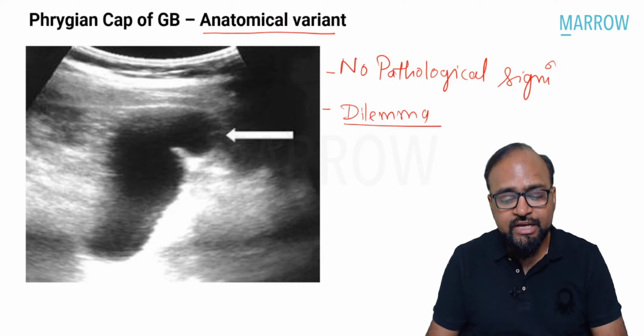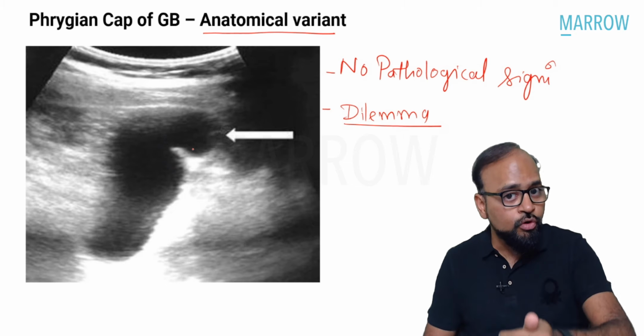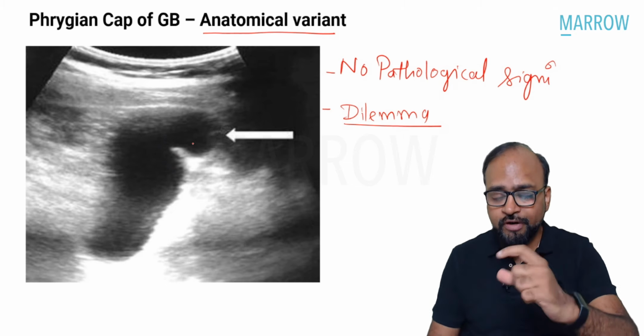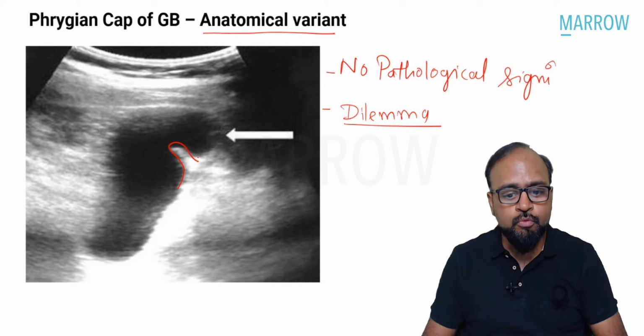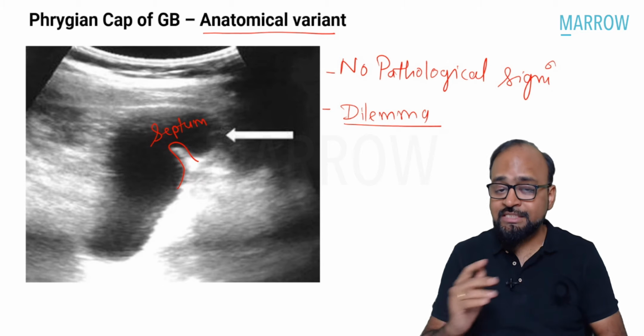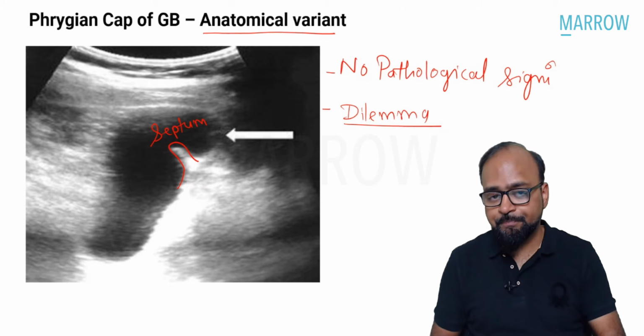What is the diagnostic dilemma it can create? Because of this folding of the fundus onto the body of the gallbladder, this part where the two walls are opposed can resemble or look like a septum within the gallbladder. It can be misdiagnosed as a septum.